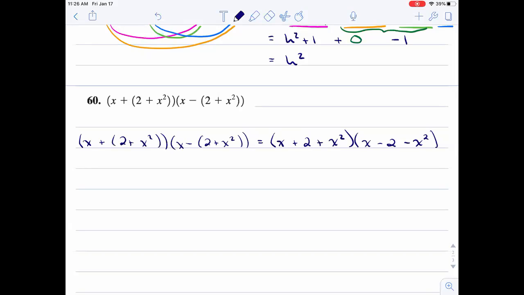Inside each of these brackets, I can't simplify anymore. Here's an x term, here's just a constant, and here's an x squared term. So I can't collect and simplify. If I could, that's something I would want to do, because then it's less work when I have to multiply them on.